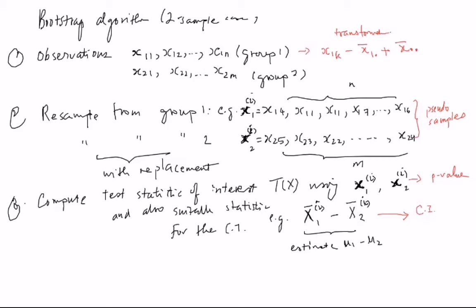Okay, so this is a transformation denoted by X1k star. Okay, so this X2k minus X bar 2 dot plus X bar. So this is a transformation that you saw just now in the code, right? So you keep both of them.